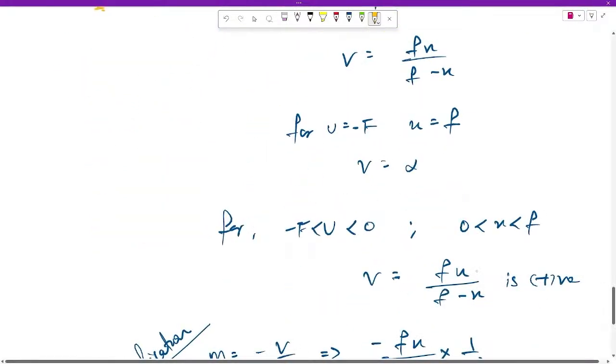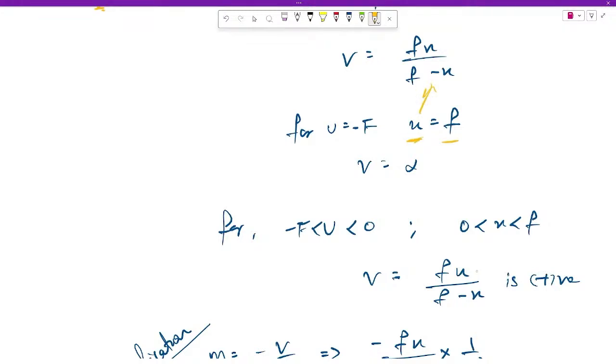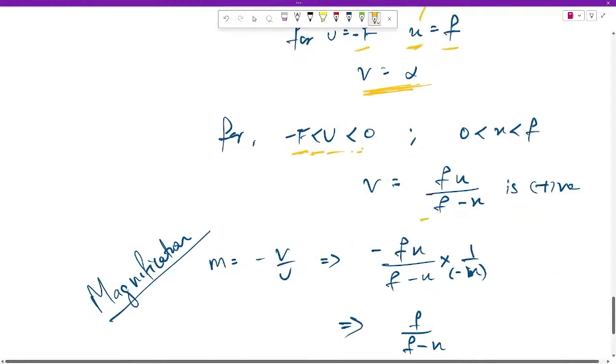Now for u equals minus f, x equals f, that is, using this value of x in this expression, we will get the value of v as infinity. That is, when the object is at focus, the image will be at infinity. Now for the case when u is between f and 0, or the object is between focus and the pole, we will get a value of v as positive, because x will always be less than focus in magnitude.